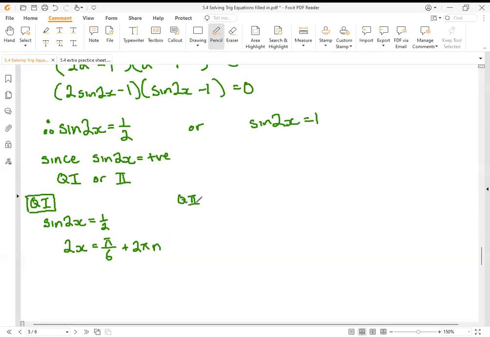In quadrant 2, I already know what the related angle is, pi over 6. So that means the angle that I'm dealing with has to be pi minus pi over 6, which is 5 pi over 6. And that angle can repeat itself every 2 pi n as well.